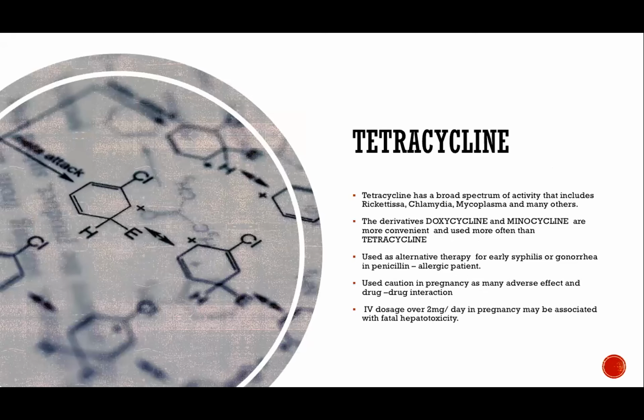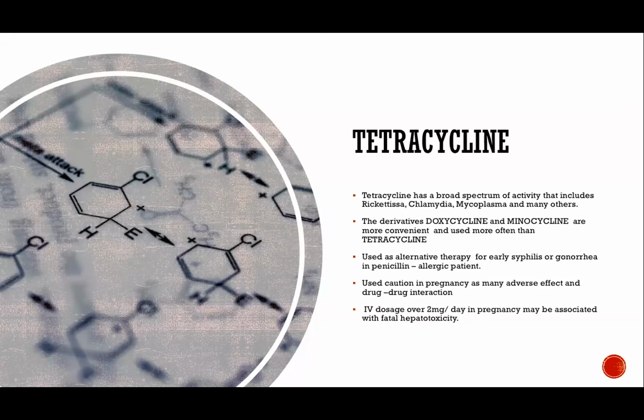The other thing is tetracycline. Tetracycline has broad spectrum activity that includes chlamydia, mycoplasma, and many others. Derivatives, for example doxycycline and minocycline, are more convenient when you compare them with tetracycline and are used more often than tetracycline.